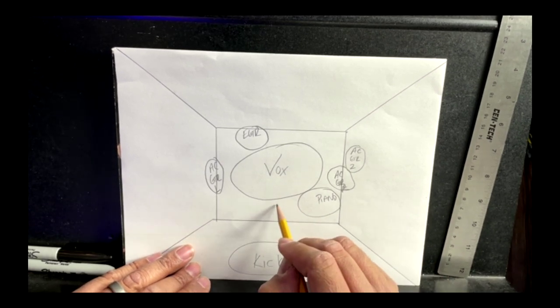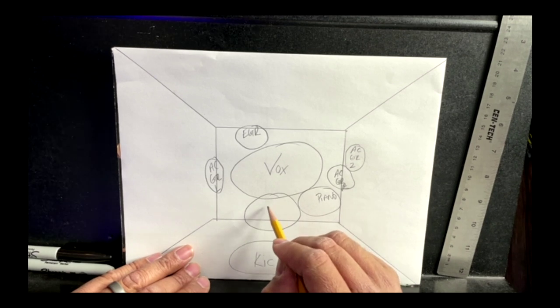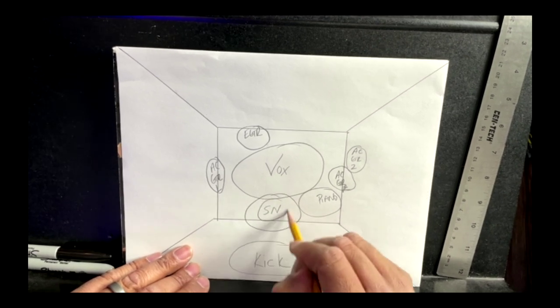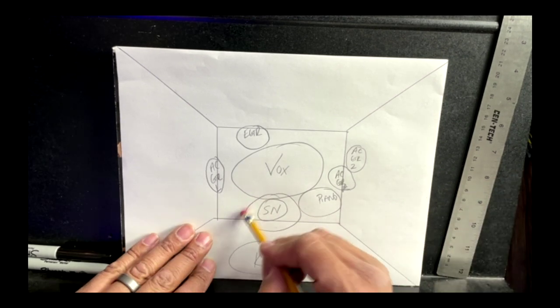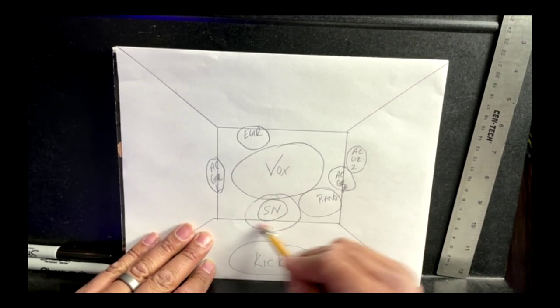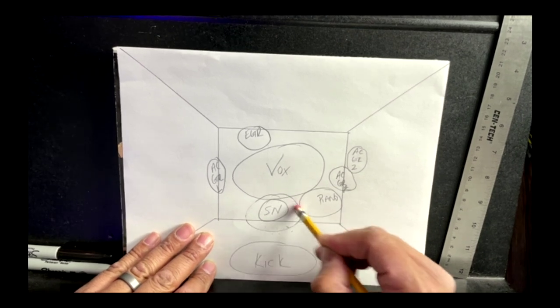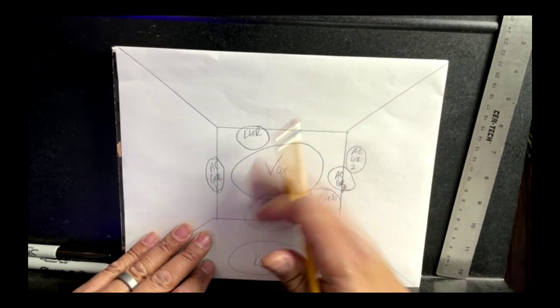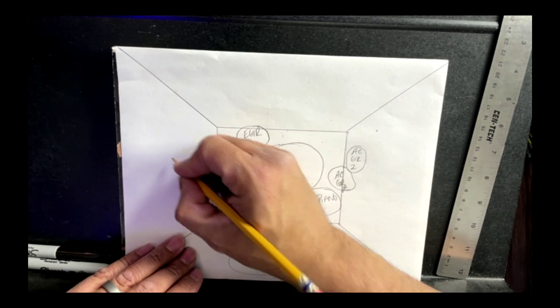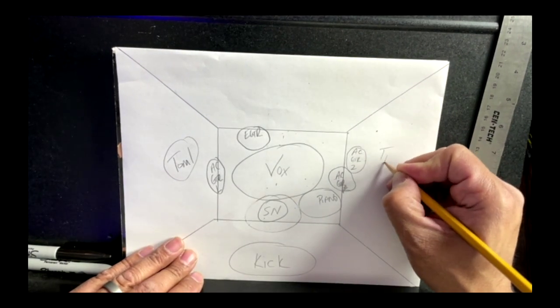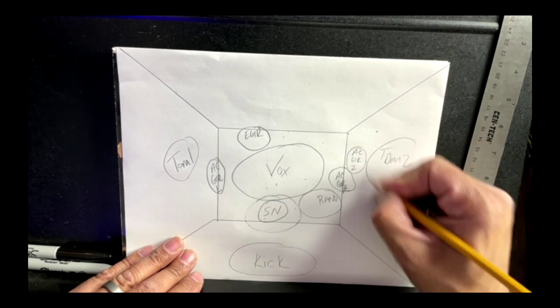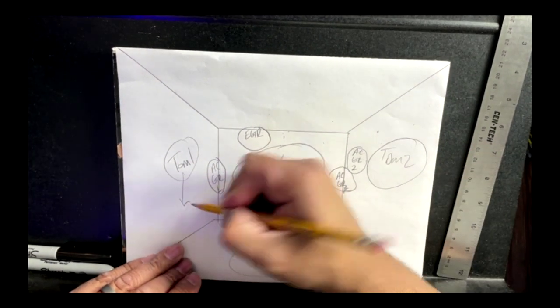That snare's got a lot of verb. It's really right in here, but it's got a lot of verb, so I'd almost say it could be a little bit smaller here. And those toms are actually pretty direct. I mean, these could go down here a little bit.